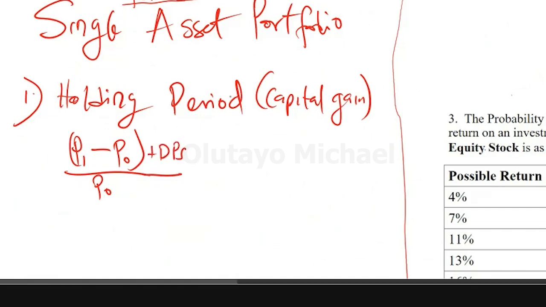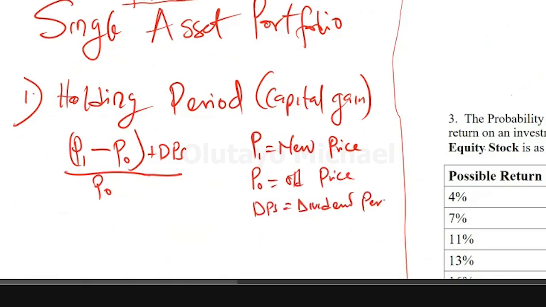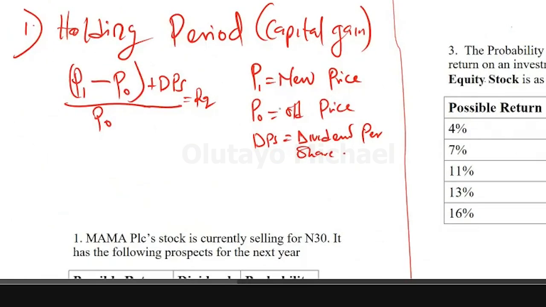So this P1 means new price. The P0 means old price. DPS means dividend per share. So this will give us the required return for this stock.